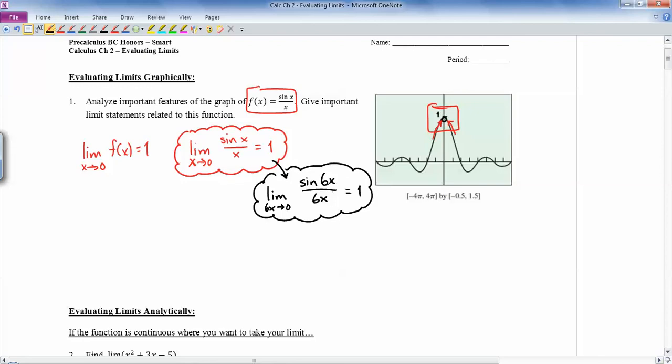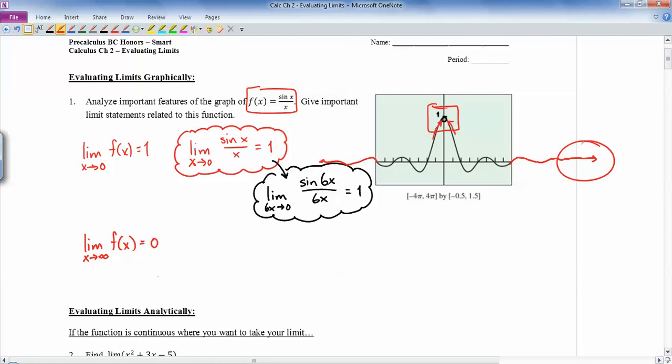Okay, so then let's look at, as x gets really big, this graph actually tapers out more and more. And as it goes very negative, same thing happens. So we can write that as the limit as x goes to infinity of f of x. So that's way out here on the right side. That turns into 0.